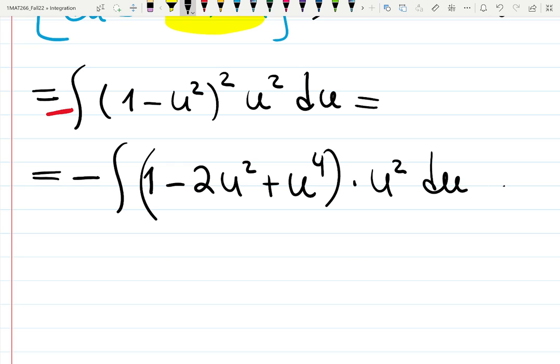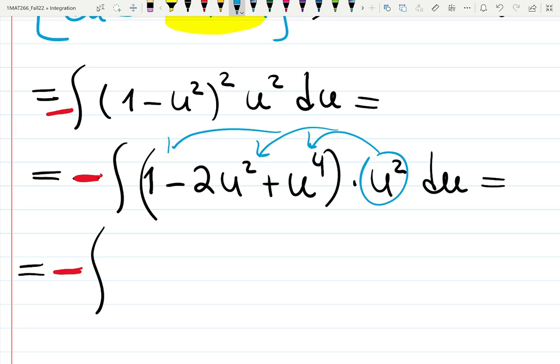How would you integrate that? What should we do? Distribute. That's a good word. Distribute here, here, and here. Okay, u squared minus 2u to the 4 plus u to the 4 plus 2 is 6, not 8.